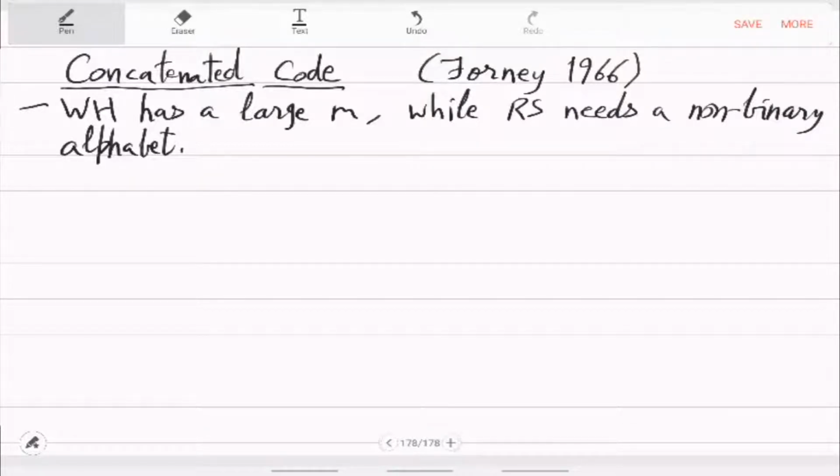Reed-Solomon you cannot do for binary alphabet because it needs a field and the field has to be big enough. So, Walsh-Hadamard has the problem of large m, Reed-Solomon requires non-binary alphabet.